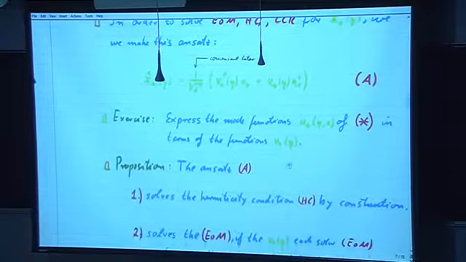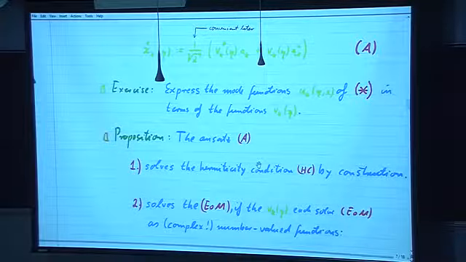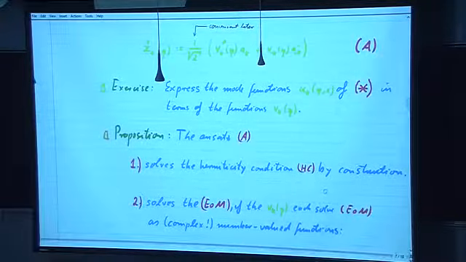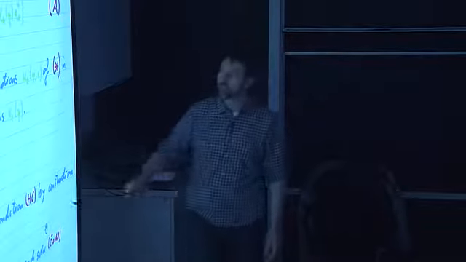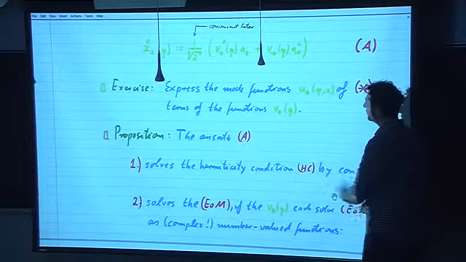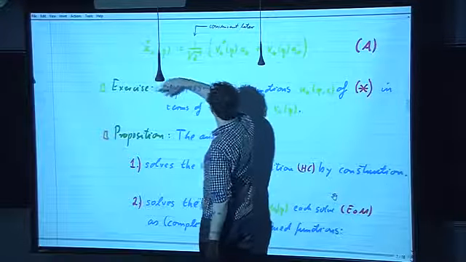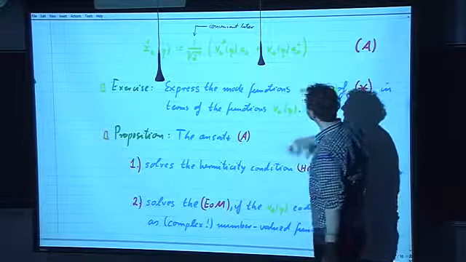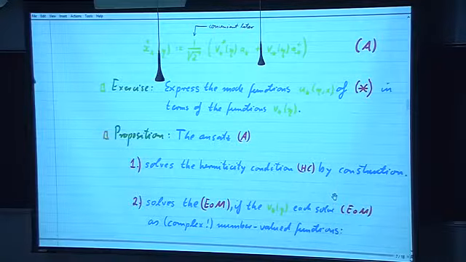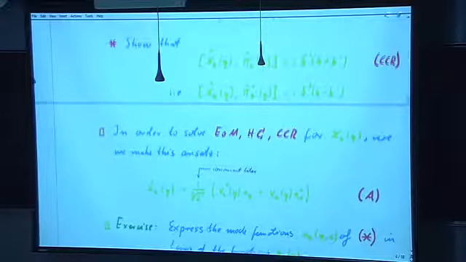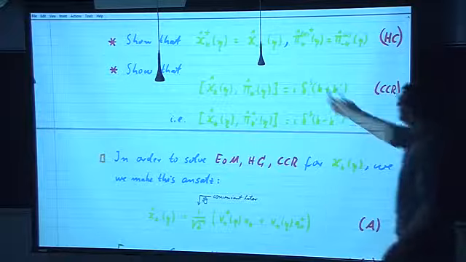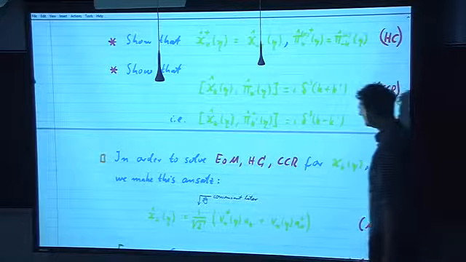Okay, so now the proposition is that this ansatz will work. It solves the hermiticity condition right away by construction, simply because if you take the dagger of this, take the dagger of that, then you automatically get what you ought to, which is the chi with a minus k.